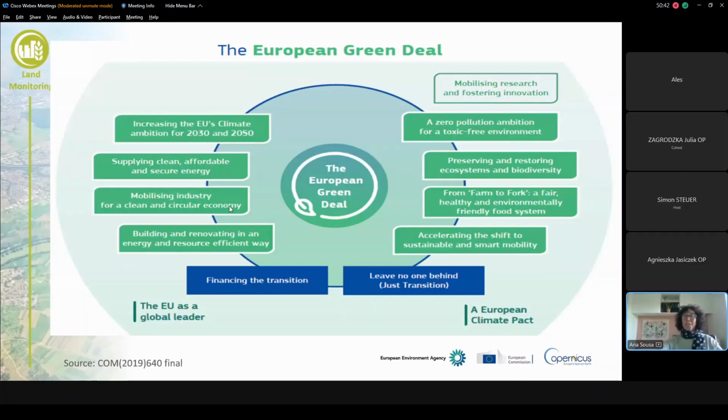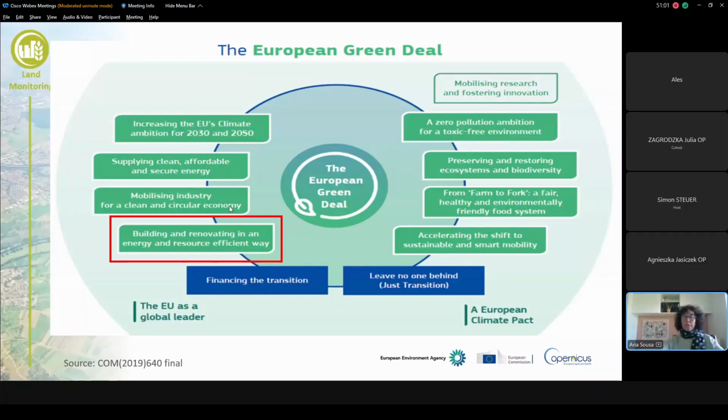I suppose you know, the Green Deal aims at improving the well-being and the health of citizens by providing, among others, and I say among others because there's a whole myriad of areas of initiative for the European Green Deal.